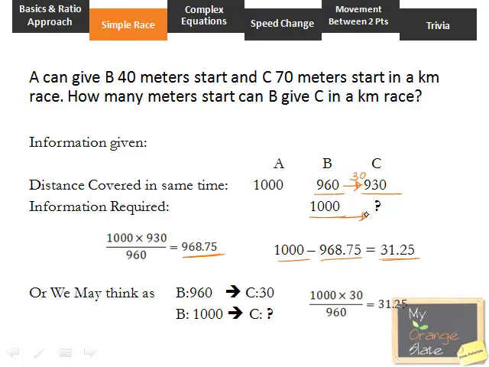So in 1000 meters he can give how much? Then the calculation becomes simple, 1000 into 30 over 960, and that gives us 1000 over 32. Both are divisible by 8, so 125 over 4, and that gives us the answer as 31.25 meters straight away.